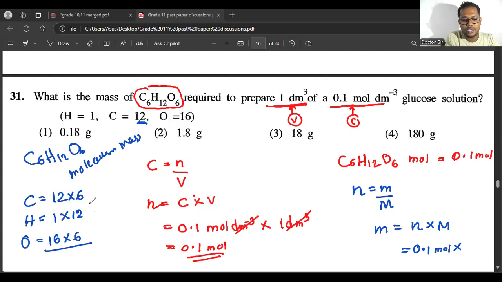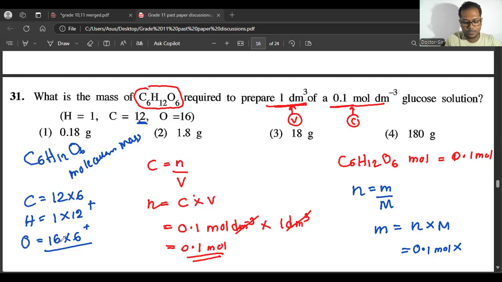So altogether we take the sum total. 12 multiplied by 6 is 72. 16 multiplied by 6 is 96.